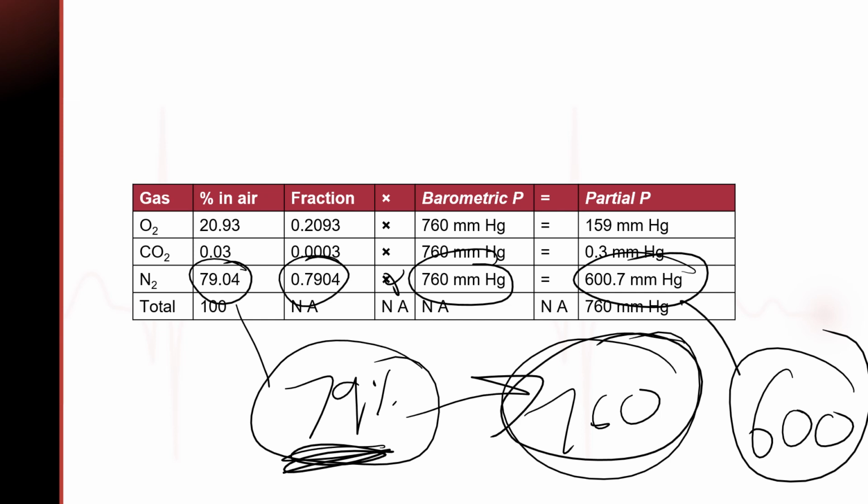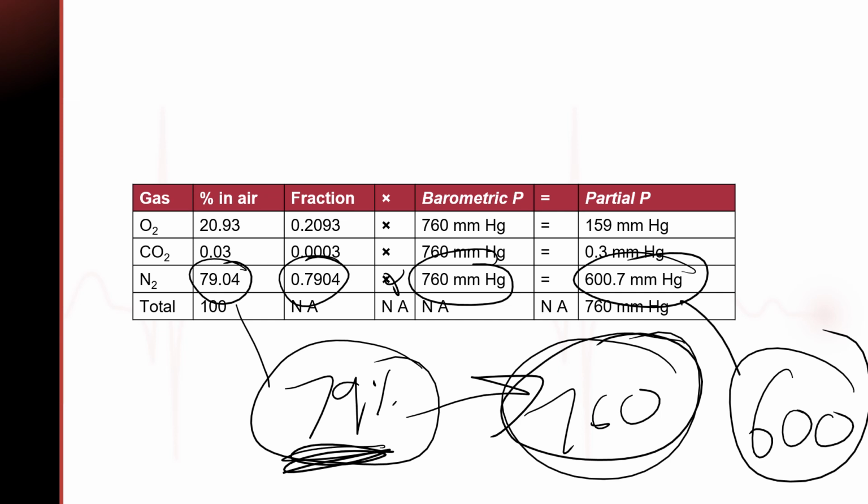Yet again, total atmospheric air pressure at sea level is 760 millimeters of mercury. Nitrogen makes up 79% of the air. And we want to figure out nitrogen's partial pressure, its partial contribution to the total air pressure.